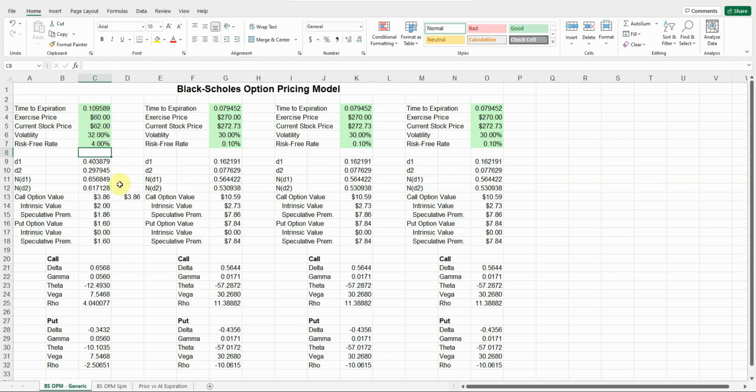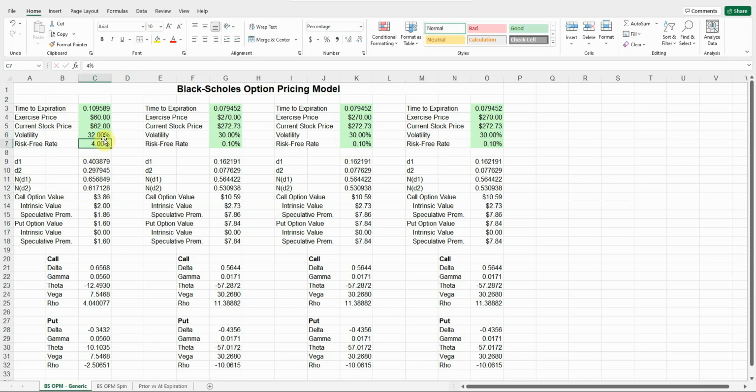Once you put those in, the spreadsheet is going to calculate all this other information for you. So all these cells here are already calculated, and if you change something, they automatically change. What happens if volatility goes up to 35%? That call option is going to change from 3.86, highlighted here, to 4.09.